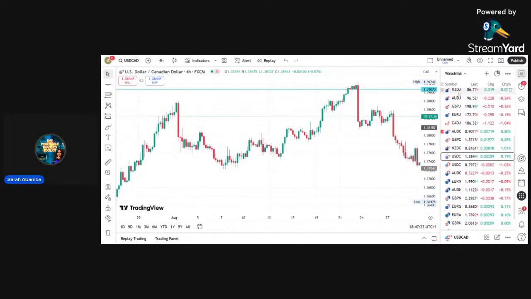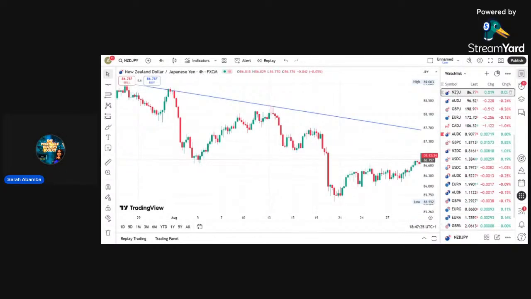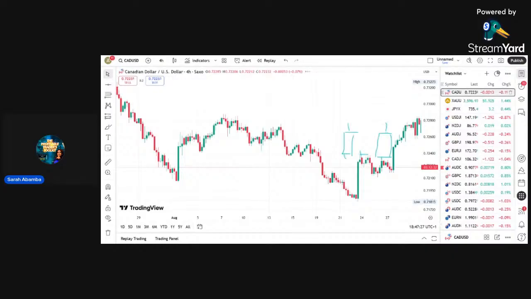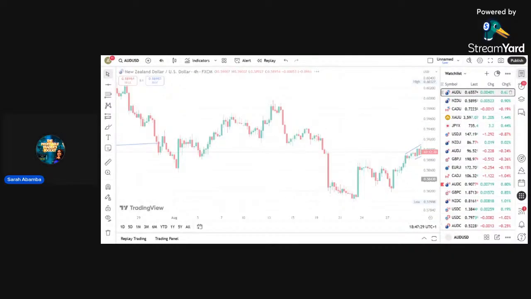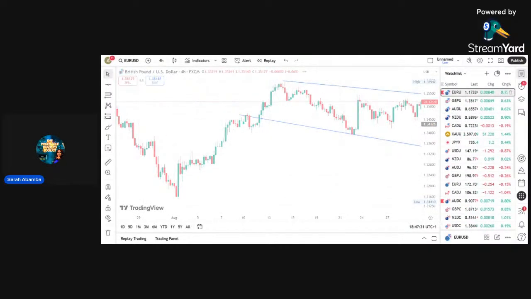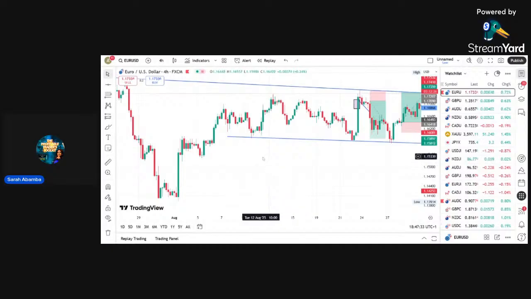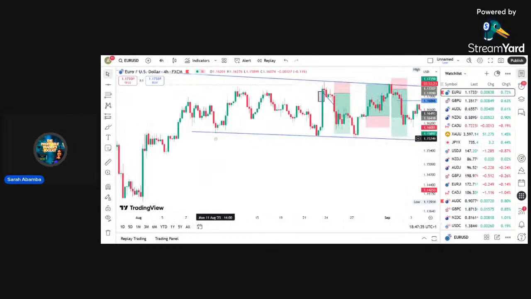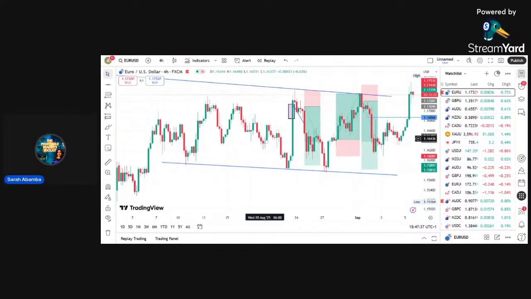I think I saw something like this in Euro USD. Let me go to Euro. Okay, this is a triangle pattern first of all. Sorry, it's a rectangle pattern, not a triangle pattern. So the market started here, it went up.